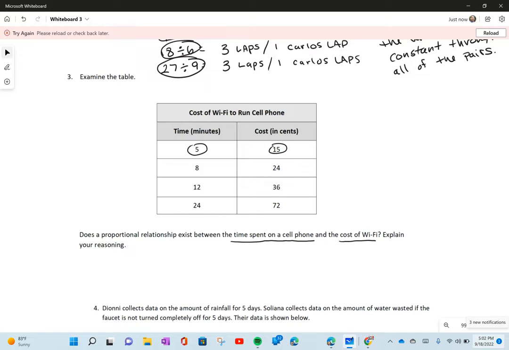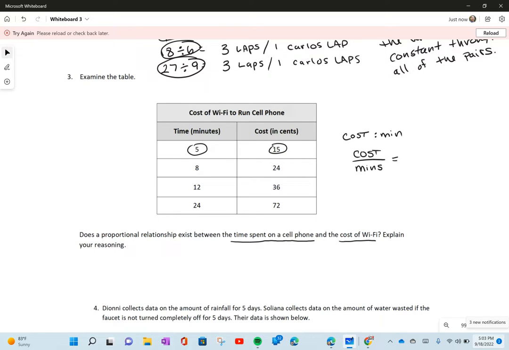If it costs the same per minute for each of these times, then we could say that it's proportional, that they have the same unit rate, the same cost per 1 minute. So to find cost per minute, we need to write this as cost divided by the number of minutes.